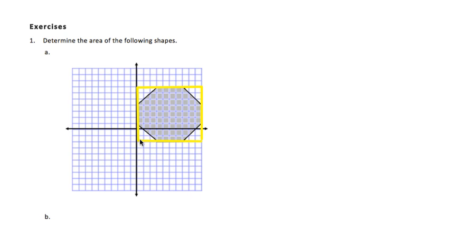So let's look at the length, the base and the height of this shape and make sure that it's a square. 1, 2, 3, 4, 5, 6, 7, 8, 9, 10. I believe it is not.